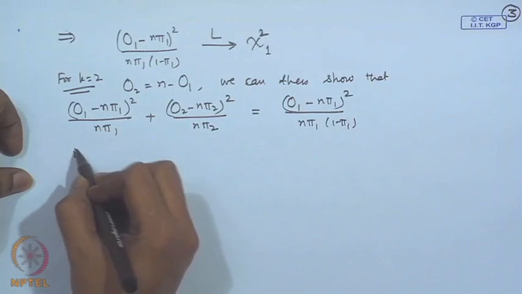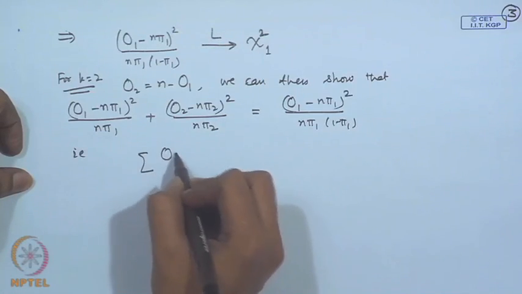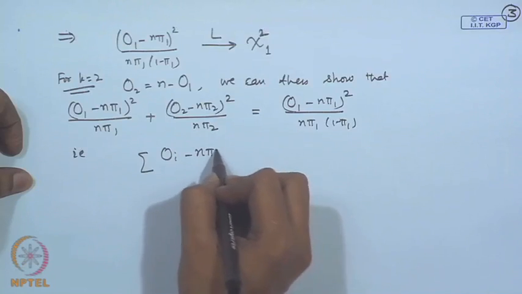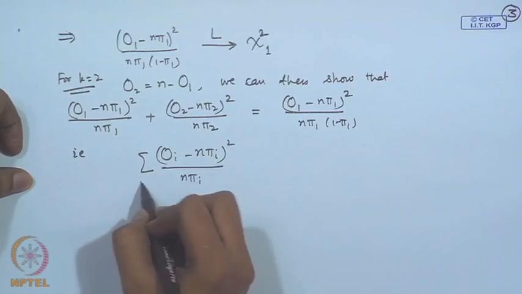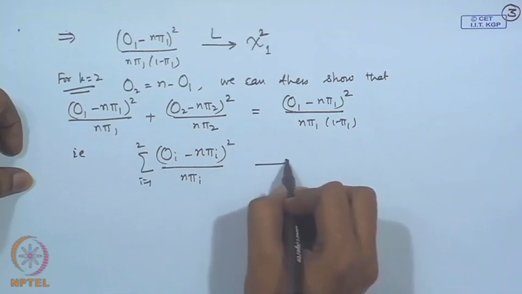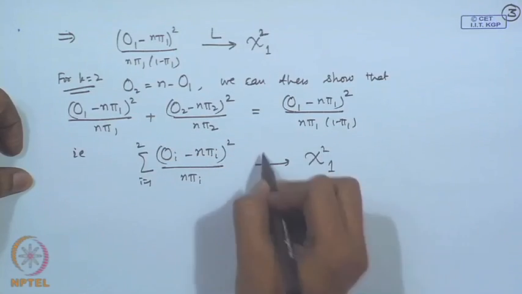That is, the distribution of sigma (Oi minus n pii) square divided by n pii, i equal to 1 to 2, is asymptotically chi square 1.